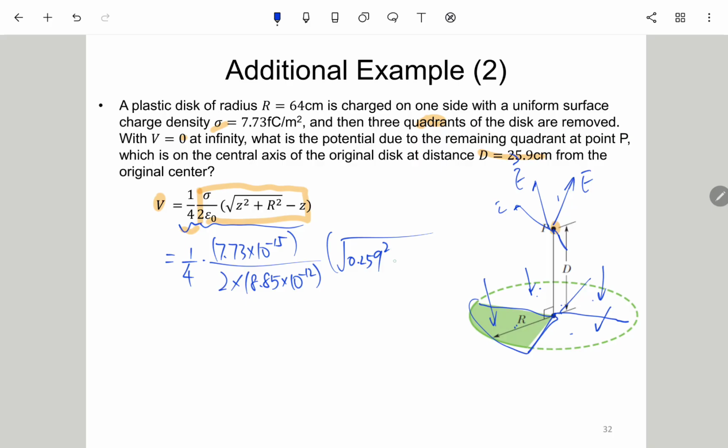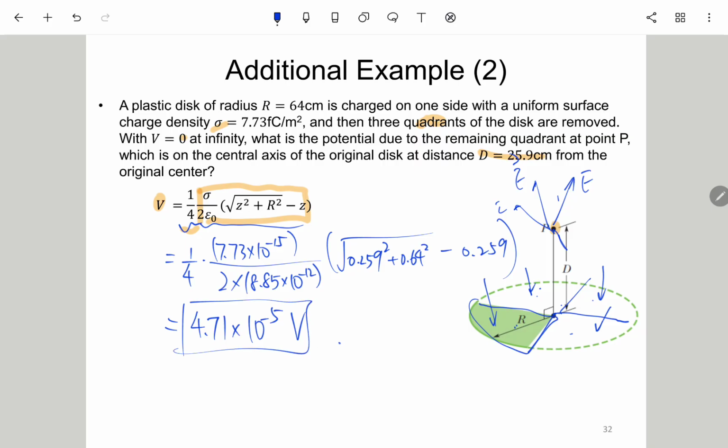R is 64 centimeters, which is 0.64 squared, minus z, which is actually capital D, 0.259. So it is actually 4.71 times 10 to the negative 5 volts.